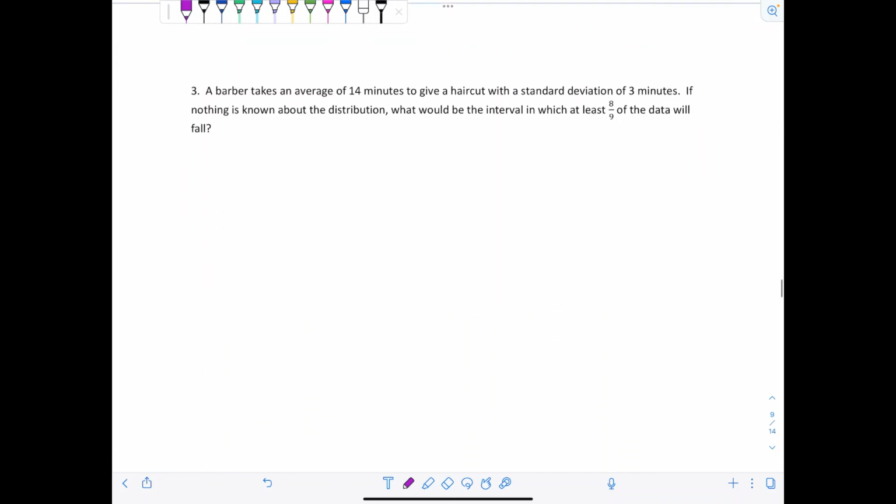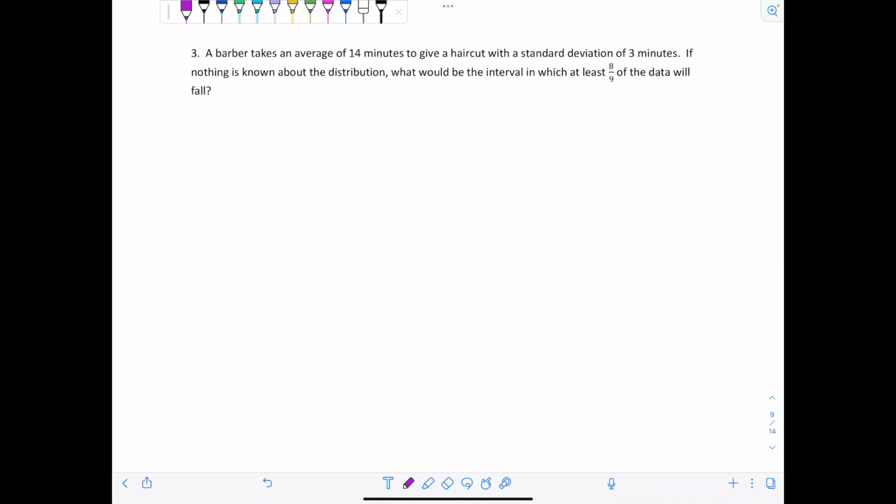All right, one more. A barber takes an average of 14 minutes to give a haircut. What a stud. Okay, so X bar is 14. Who timed him? With a standard deviation of 3 minutes. If nothing is known about the distribution, what would be the interval in which at least 8/9 of the data will fall?